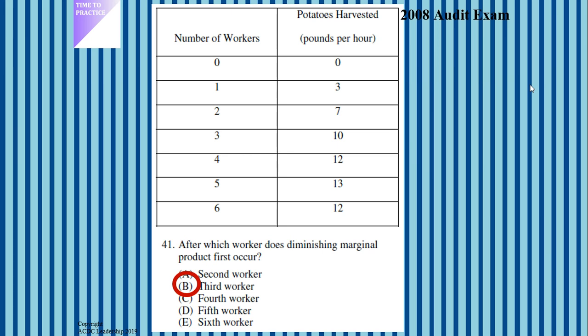So when we hire the first worker, the marginal product is 3. It went from 0 to 3. When we hire the second worker, the marginal product is 4. When we hire the third worker, it's 3. So that's where it diminished. It went from 4 to 3. So that's what you're looking for, and that happened at the third worker. And it's always when you're going from that one to the next one.